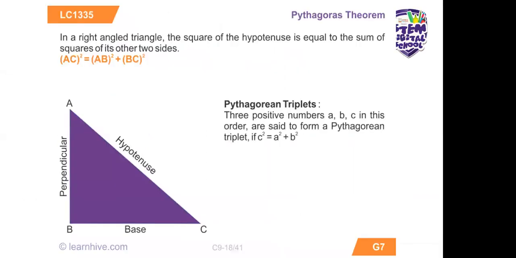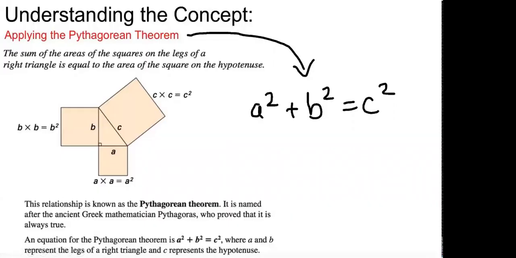If you look at these sides, B and A, those are the two legs of the right triangle. Why do we call them the two legs? It's because where they meet, they form 90 degrees.